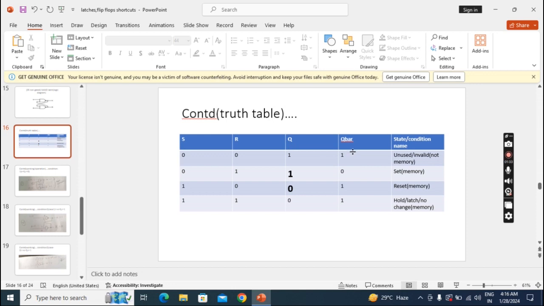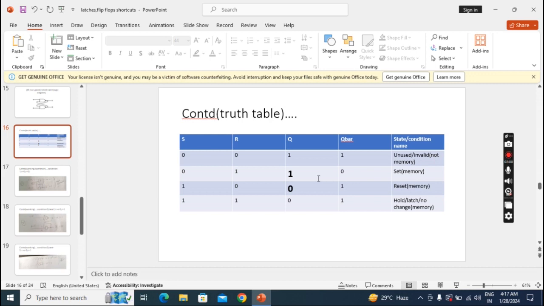Whenever both outputs are 1 1, that is the same, we consider it an invalid condition, because both outputs should be complementary. That condition is violated, that's why it is an invalid or not used condition. It is not useful as memory, because ultimately this latch is for storage.